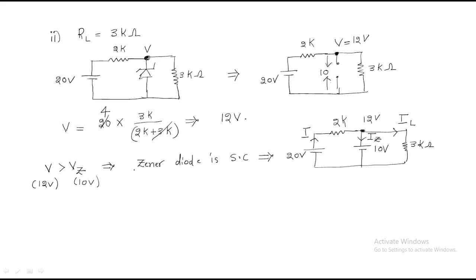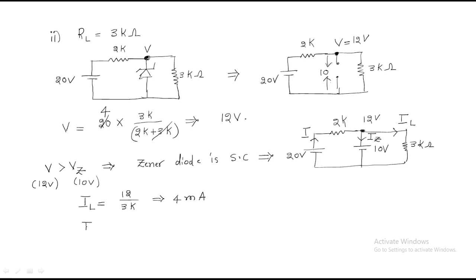First we will find the current IL. So the IL current is this voltage divided by the resistance. Load current IL equals 12 volts by 3K, which gives 4 milliamps. IL value is 4 milliamps.